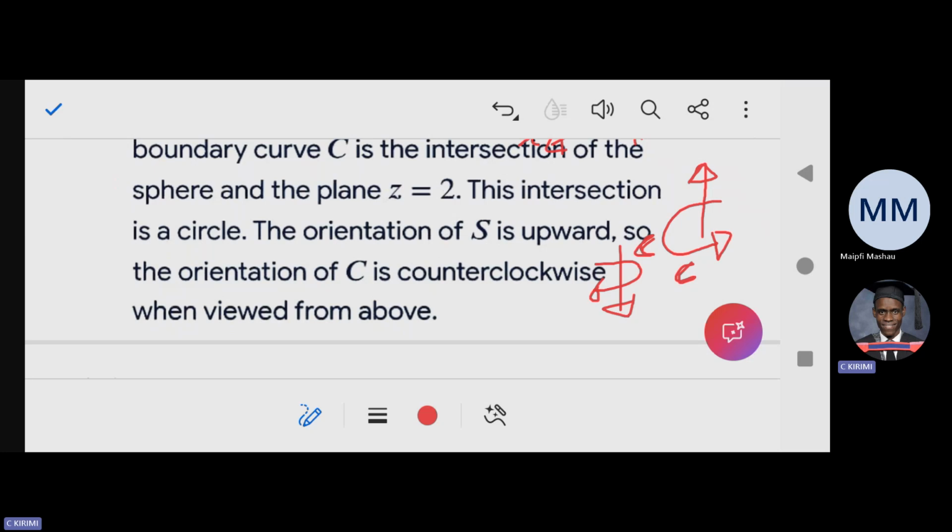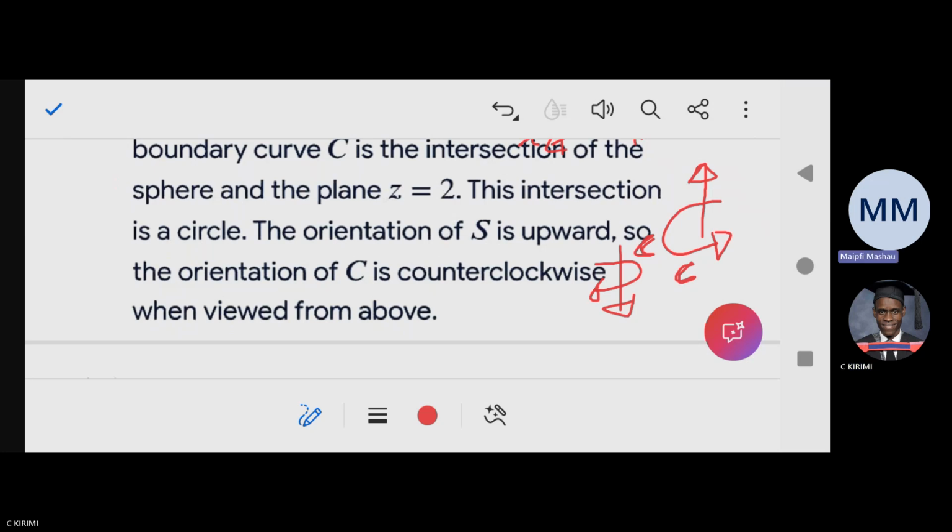By orientation, they mean the vector field. If the vector field is facing upwards, remember the right hand rule. You still remember the right hand rule? Faraday's law?